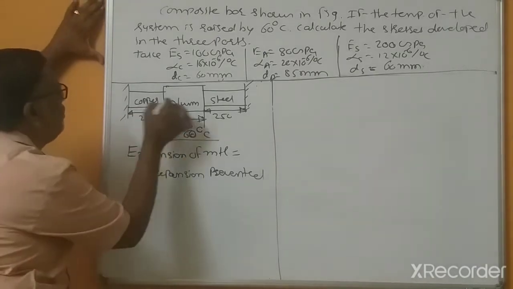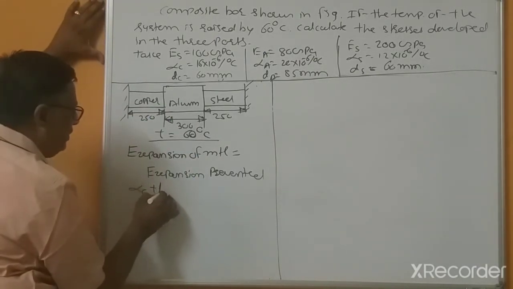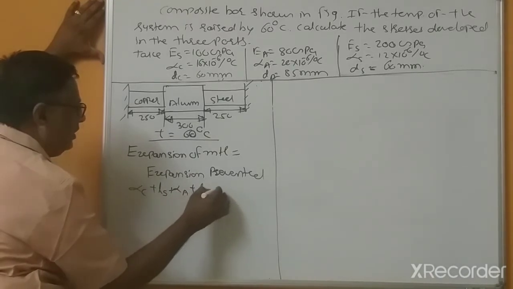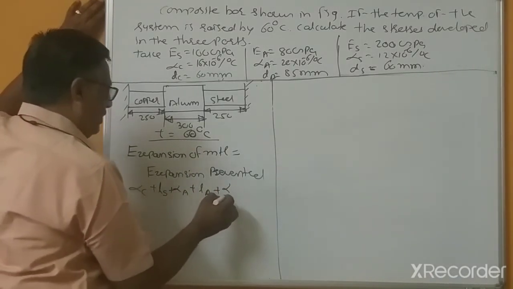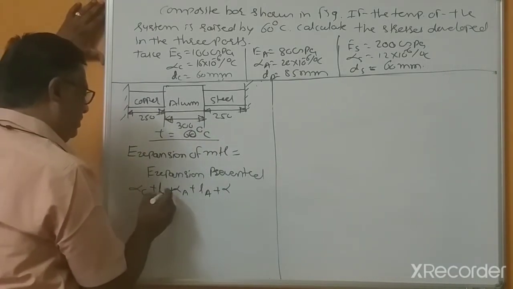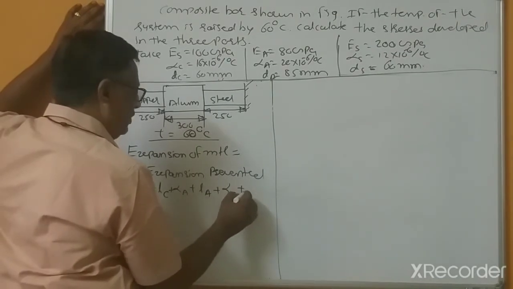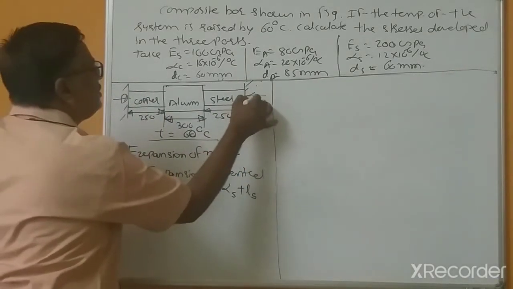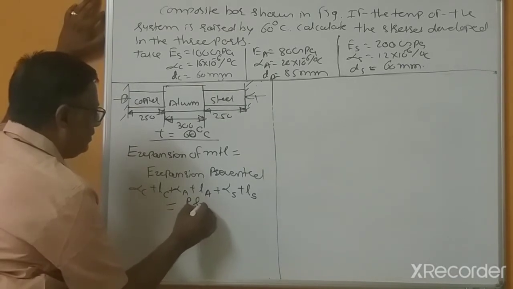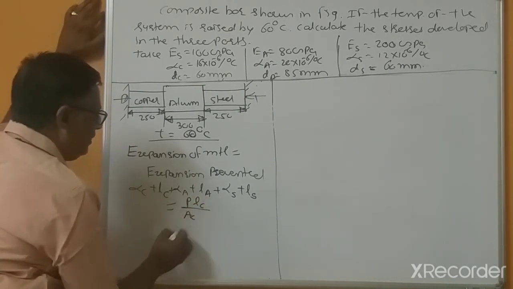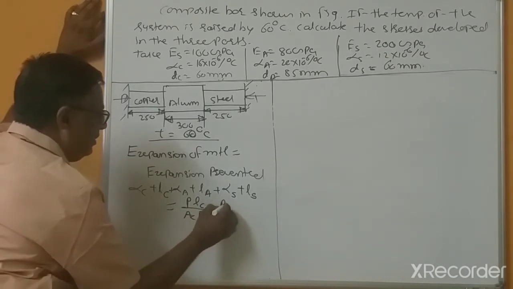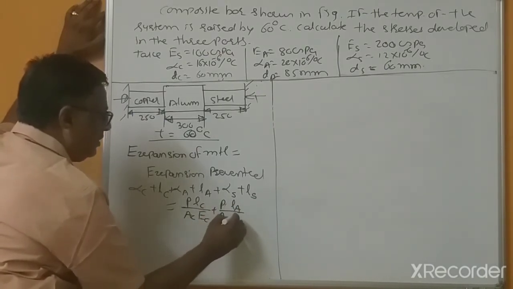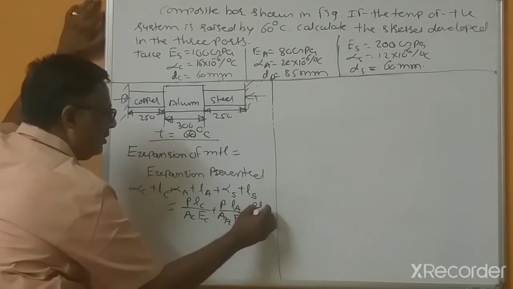So for copper alpha C T L C plus alpha A T L A plus alpha S T L S equal to, now suppose this reaction is P, so P L C divided by A C E C, plus the same for aluminum, L A, A A, E A, and steel.